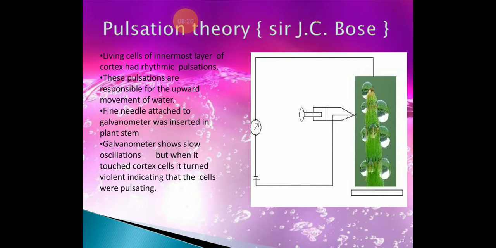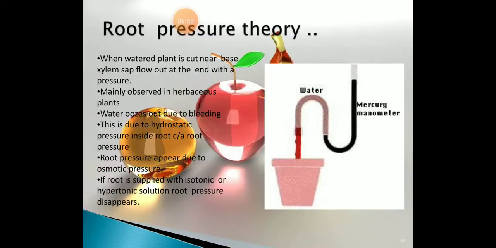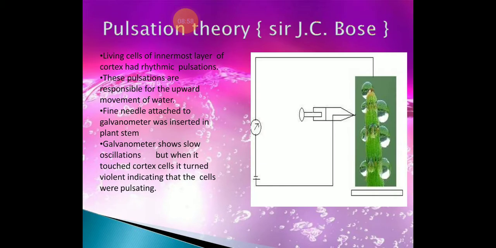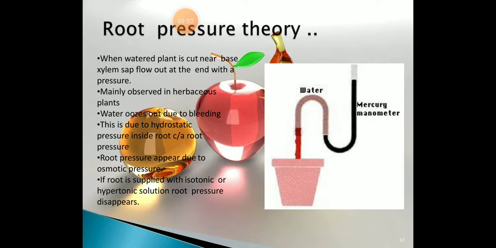The crescograph consists of a galvanometer, a pin and connecting material. He connected the pin to the plant, and the other wire circuit is connected to the galvanometer. Based on the conduction of water, it shows how much water is conducting in the plant. Based on that, he also showed the plants have a living nature.